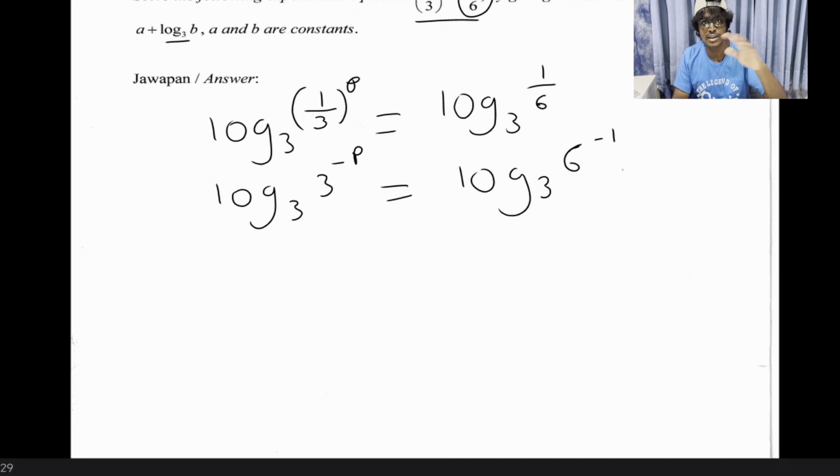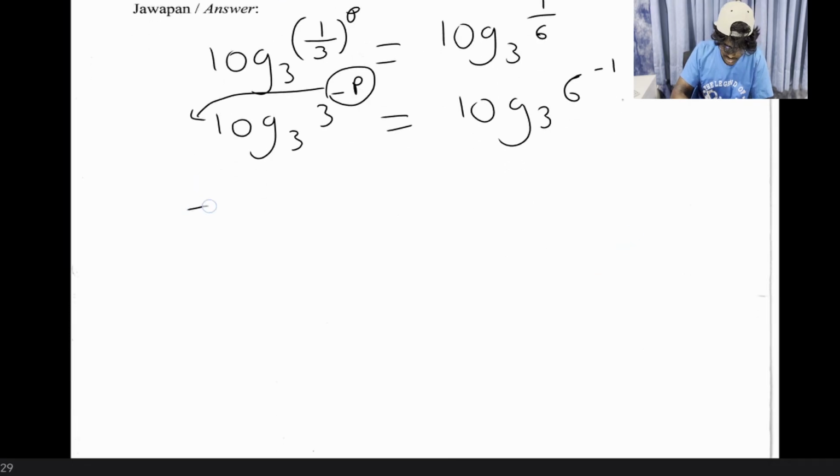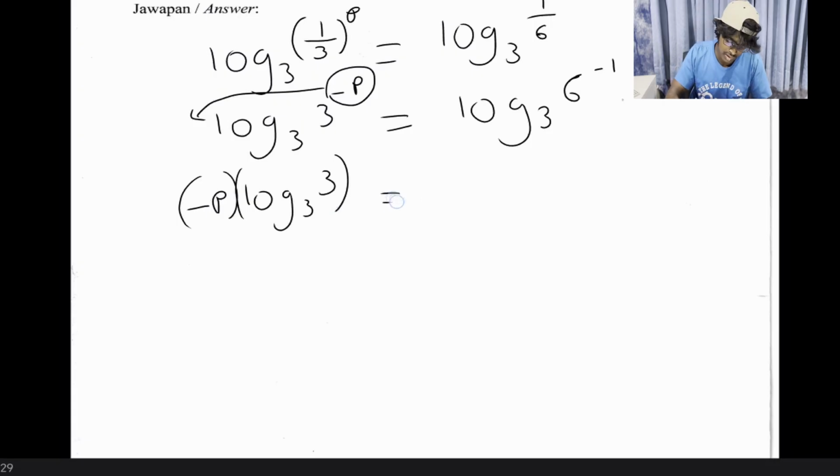And if you have seen my TikToks, which I highly recommend you check out, the top part, the power, when it comes to logarithms, can be taken over to the front. So it will look like negative p log 3 3, and basically this has now become from a power to a times, and we can do the same on the other side, log 3 6.